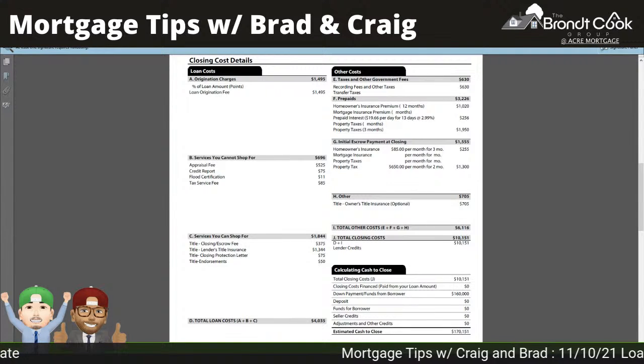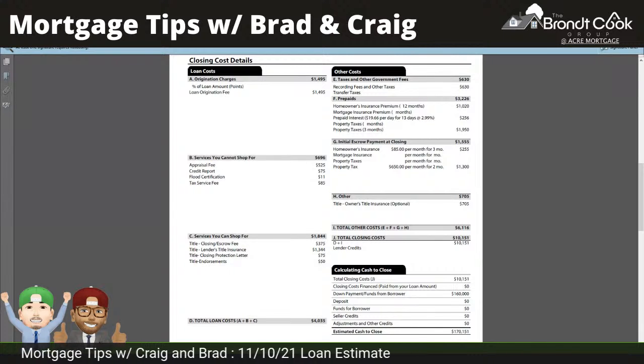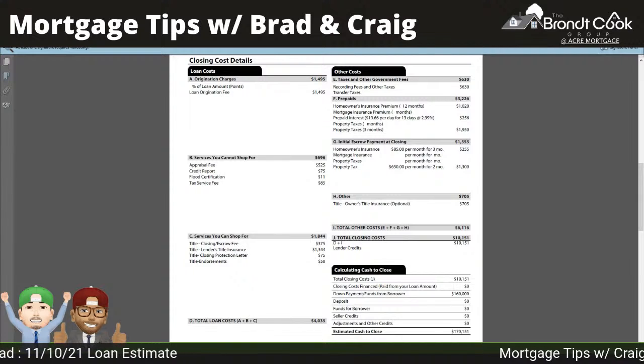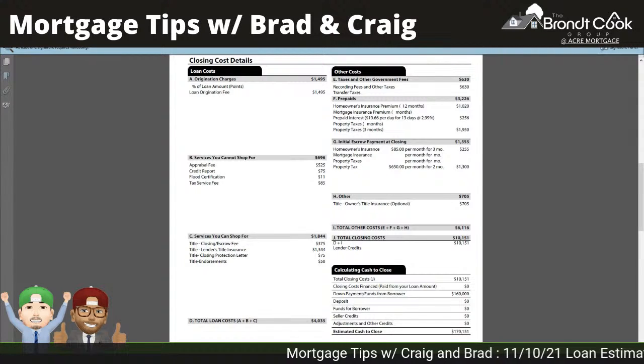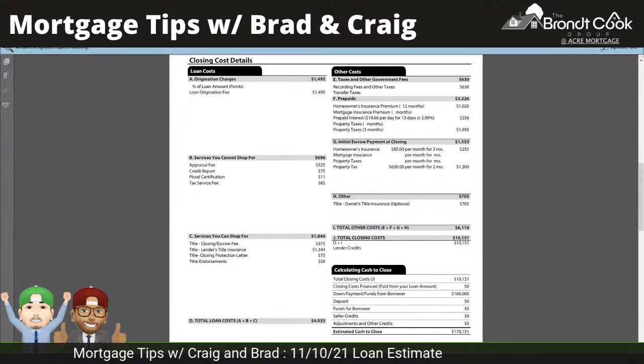So these fees in this section are related to the loan, but you don't have the ability to pick and choose your own appraisal company, your own credit vendor for credit and flood certification. And those are usually the minor fees associated with financing, in a sense.